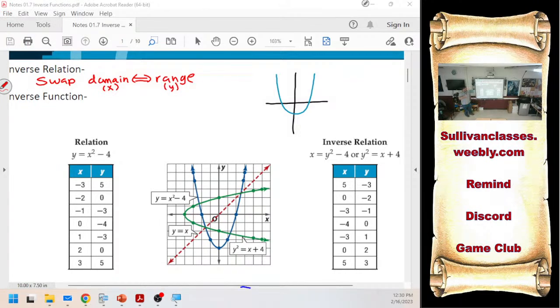An inverse function is when I do that same stuff and it's still a function.